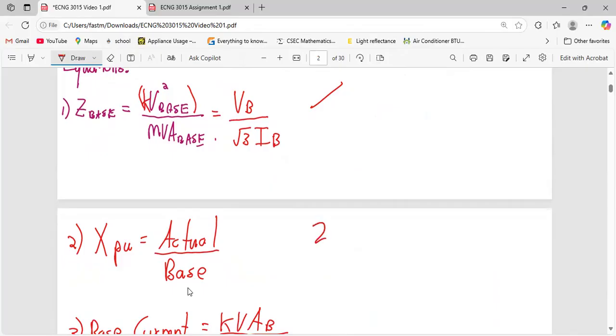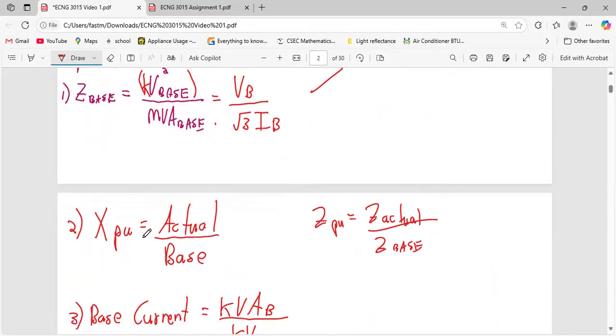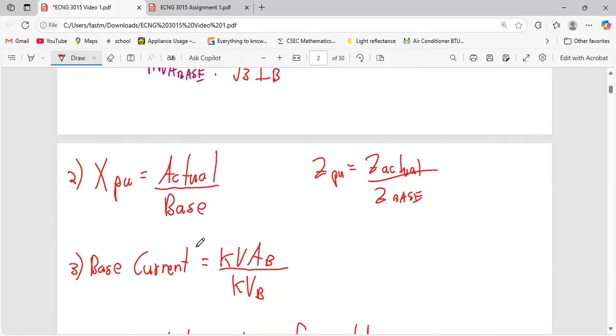So if I wanted Z per unit, to convert the actual, it would be Z actual over the Z base. And we know how to calculate the Z base, because the Z base is kV base squared over MVA base. Alright, and same thing for I base, it would be I actual divided by I base, and so on and so forth.